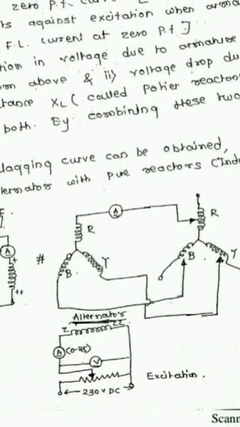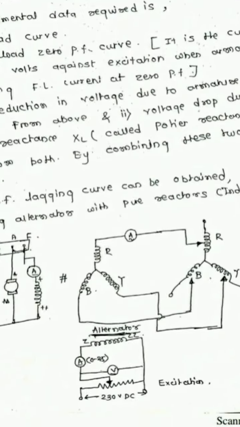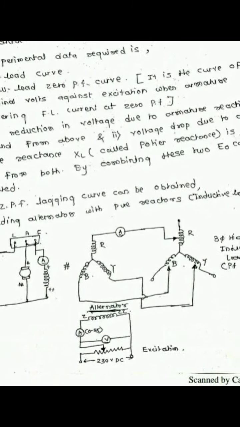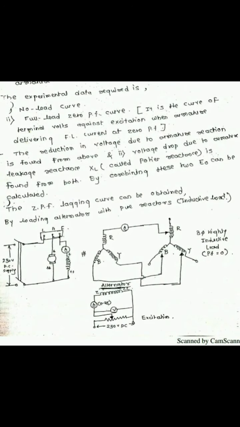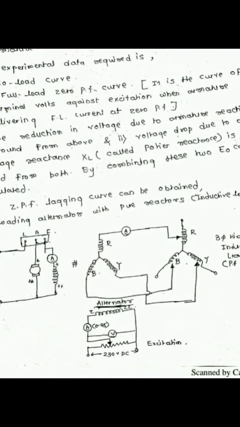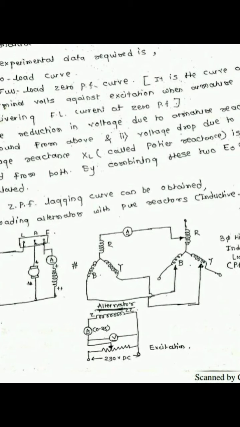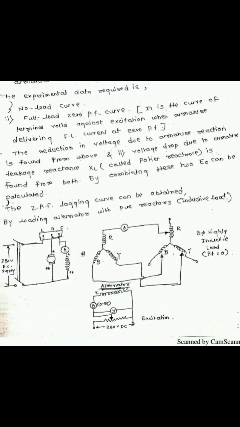So this is the circuit diagram for the zero power factor method to find the voltage regulation. Again, I am repeating, this is the DC shunt motor which is required to give the field excitation to the alternator circuit. So this is the alternator module which is required for the zero power factor test.